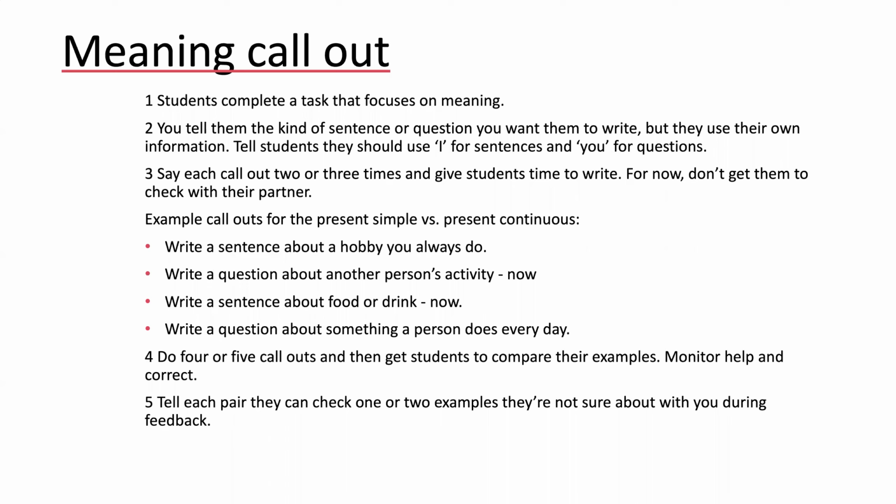Therefore you want an example using the present simple. Write a question about another person's activity now. There you want the present continuous. Write a sentence about food or drink now. You want them to write, I'm having breakfast, I'm eating a sandwich. And then write a question about something a person does every day.